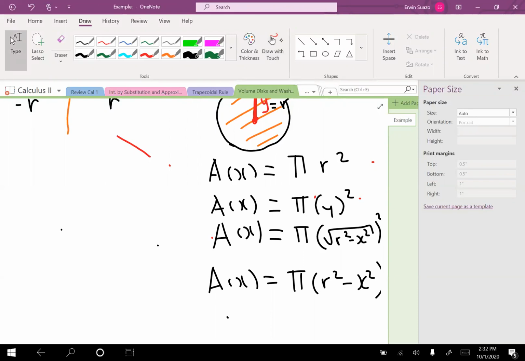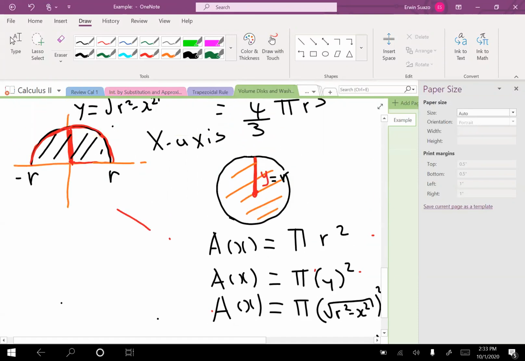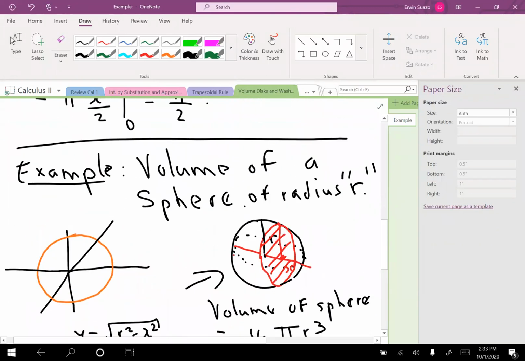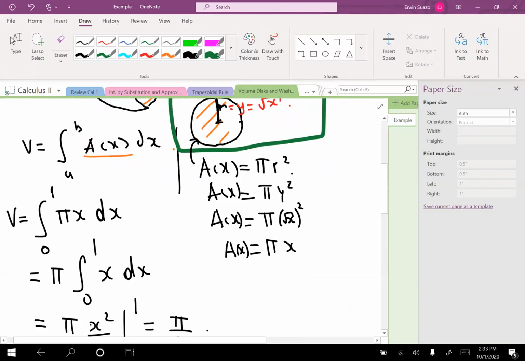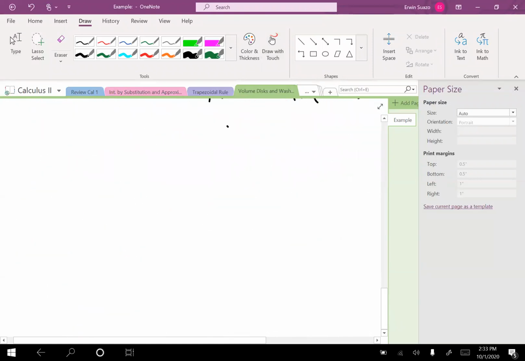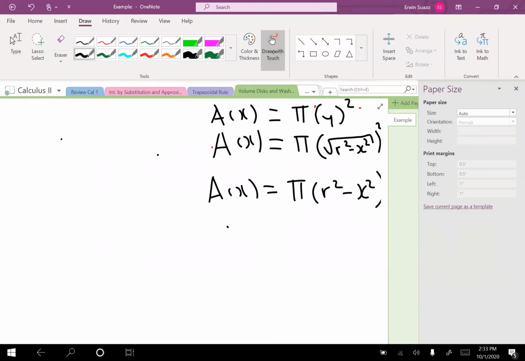So following my formula, that is over here, volume equals the integral between a and b of A of x dx. So we follow that formula. Volume equals the integral from a to b of A of x dx.